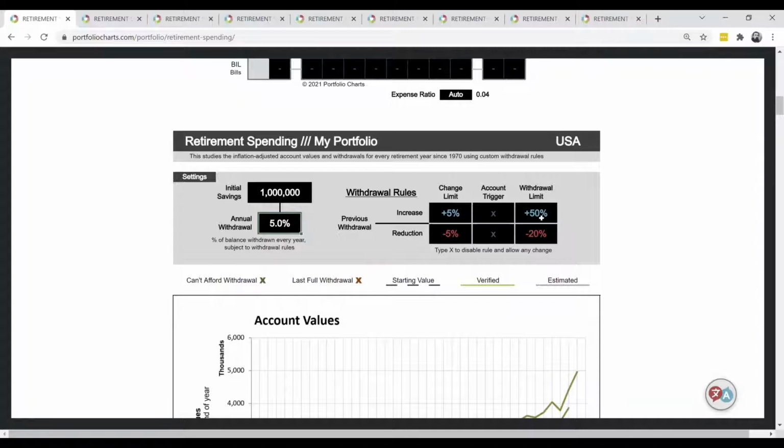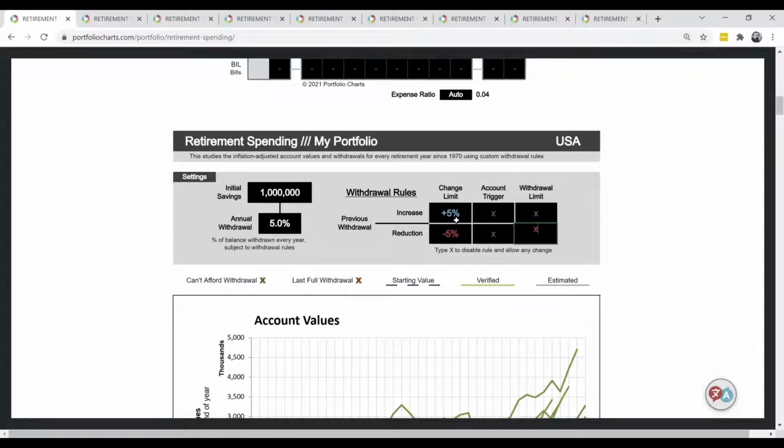And then it also has withdrawal limits, so you can set the maximum withdrawal or the minimum withdrawal for the portfolio. Now, this is a little bit of overkill because mostly you won't need all of these features here. And you can just X them out, the ones you don't want.